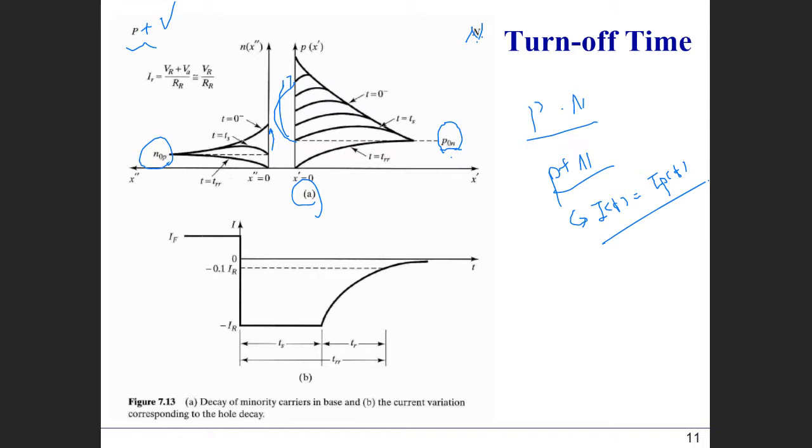So when you forward bias, as we discussed, we have an exponentially decaying profile like this.